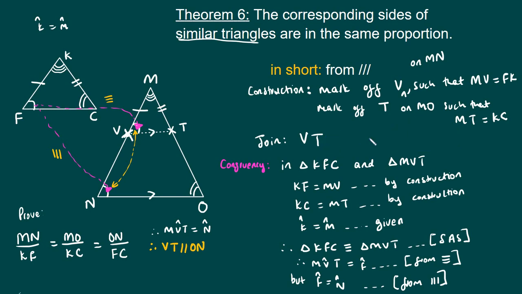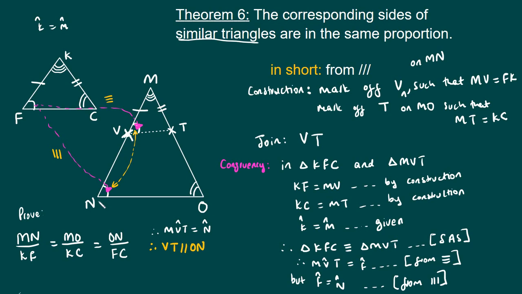So here, please don't put that such that they are parallel. Just say join VT. Sorry for that. But then here is where our corresponding angles are equal, so that's when we conclude that these two must be parallel because the corresponding angles are equal.